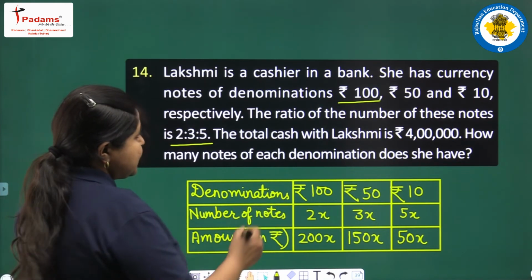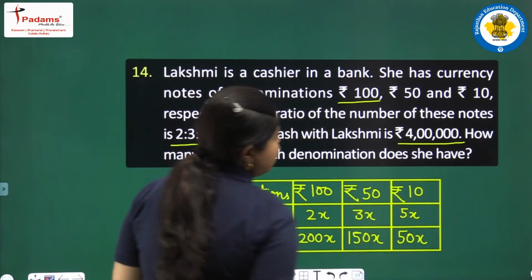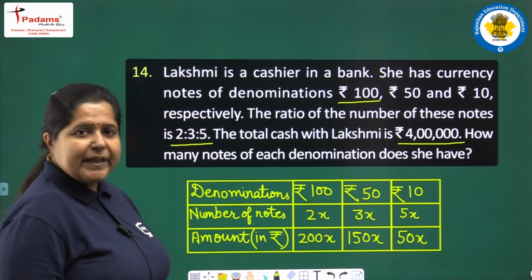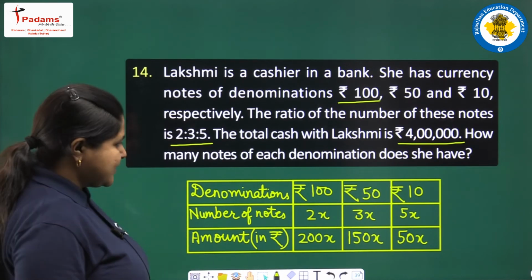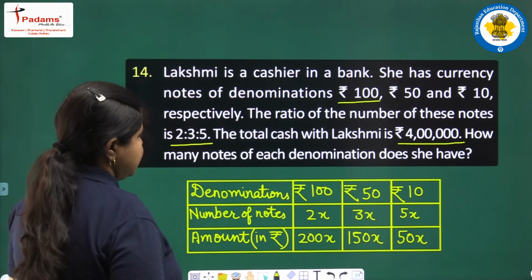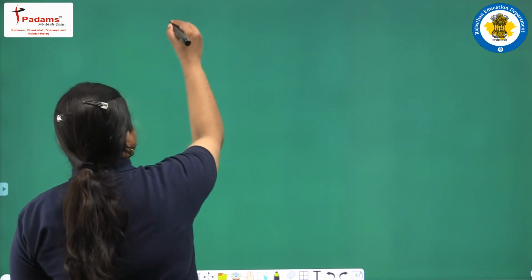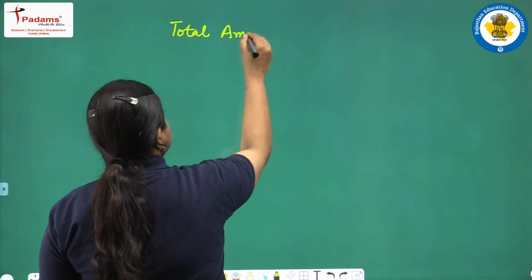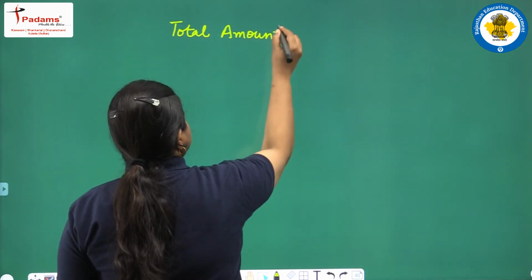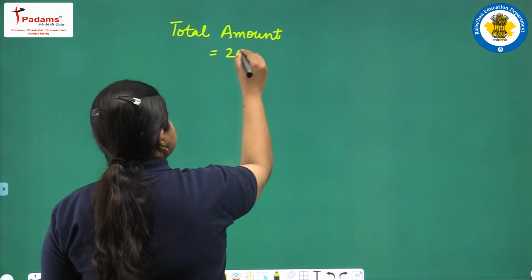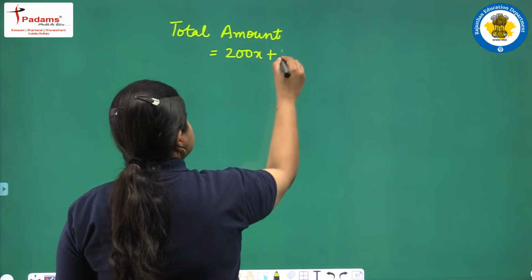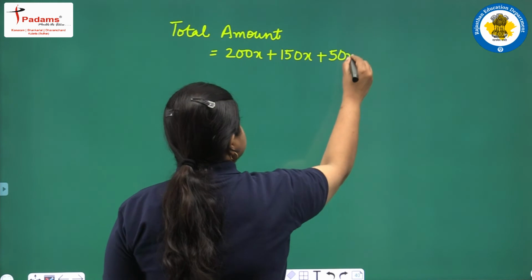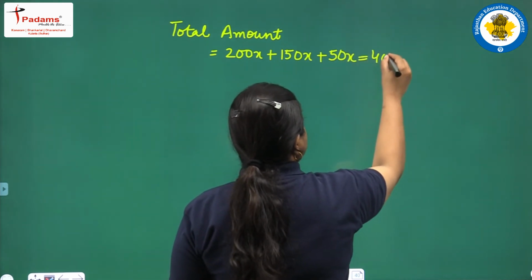We are given the total cash is rupees 4 lakhs. So we can add up all the three and it will be equal to rupees 4 lakhs. Just have a look here. We can write total amount equal to 200x plus 150x plus 50x, and that has been given equal to 4 lakhs.